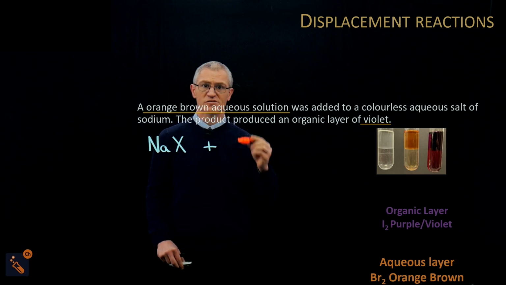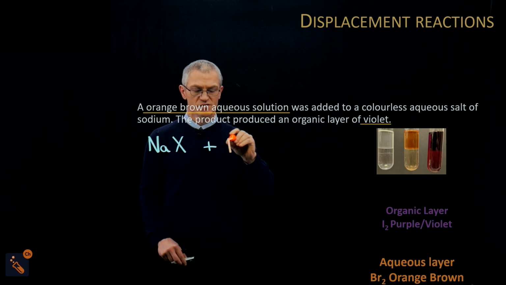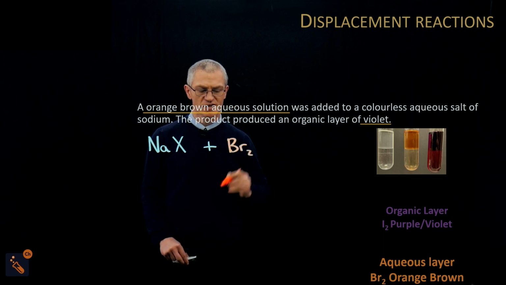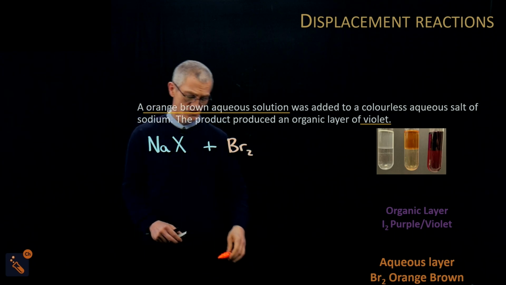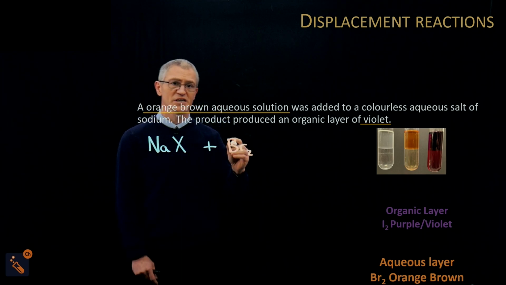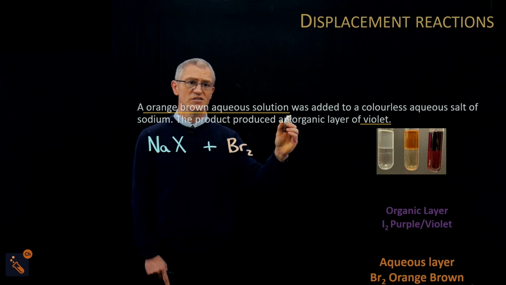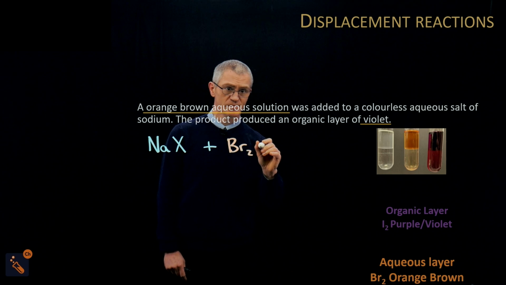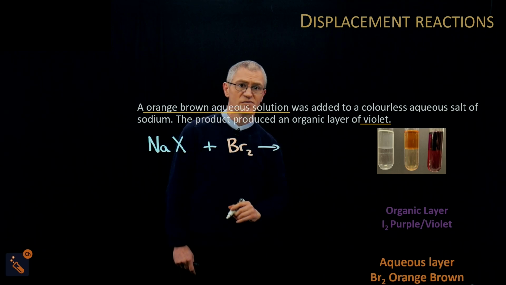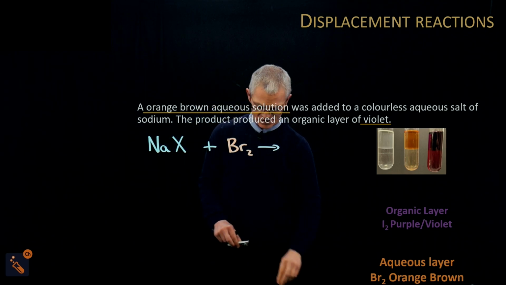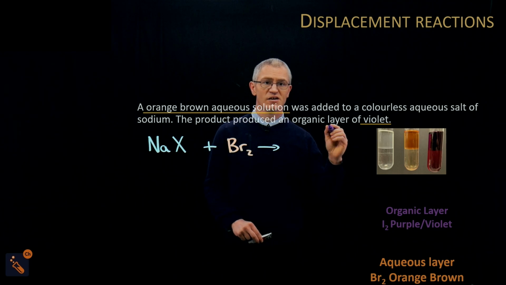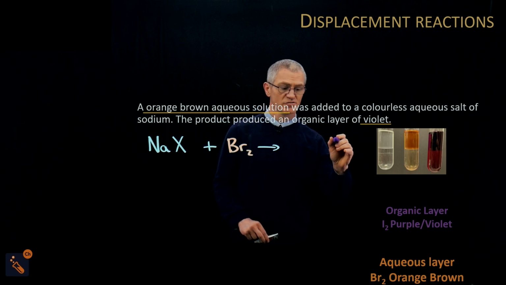So that orange-brown solution is going to be Br2. We have worked that out. And then we go from Br2, it was added to a colourless aqueous salt of sodium. The product produced an organic layer of violet. So we've got our organic layer of violet. We know that that is, let's do this, iodine.